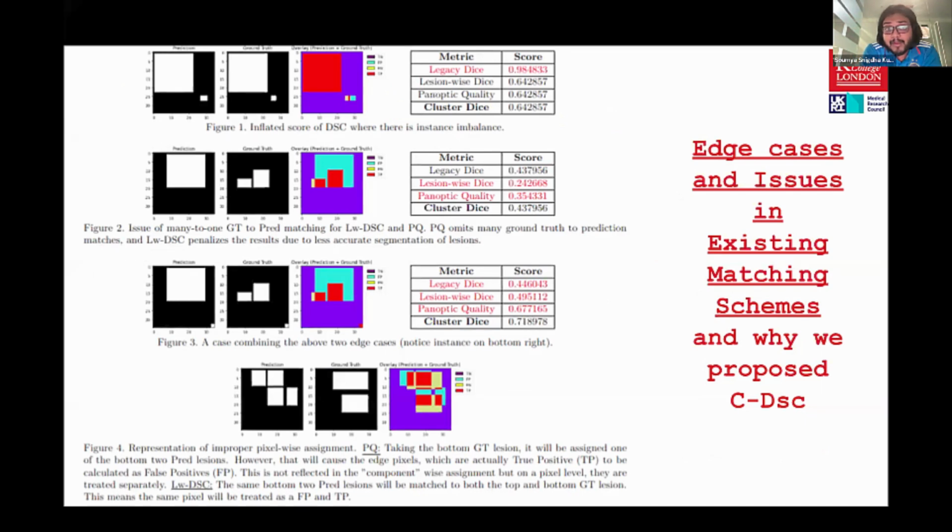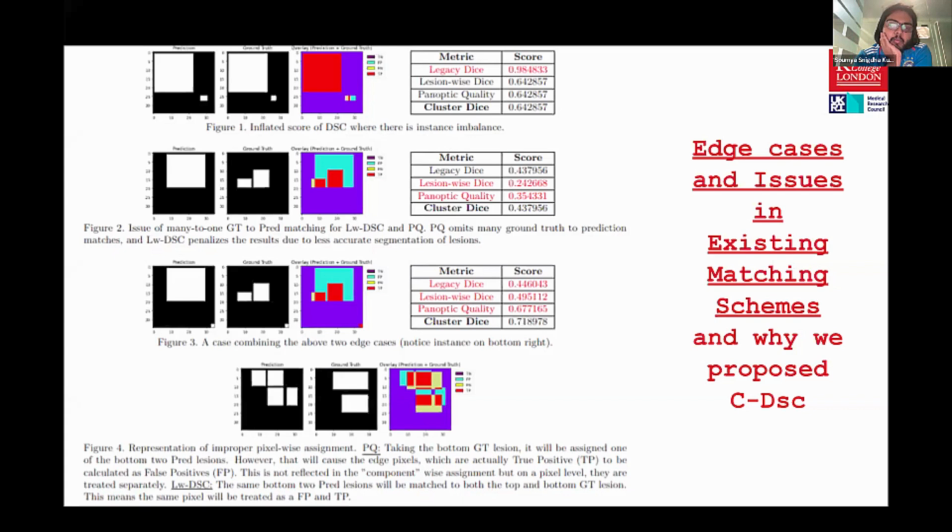Your model might be doing really well, but because of the way you're assigning your matching, it seems like your model is doing really badly. Like in this case, if you use the BraTS concept, which is the lesion-wise dice, you're scoring only 24, but with a different perspective to matching, you can actually score 43.